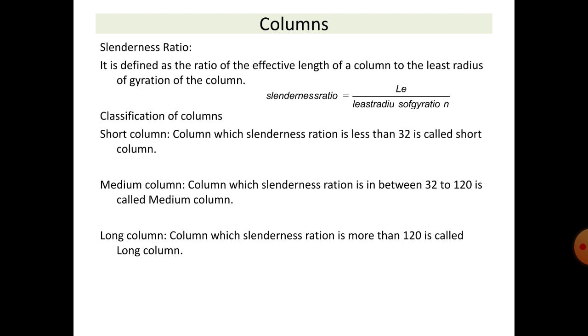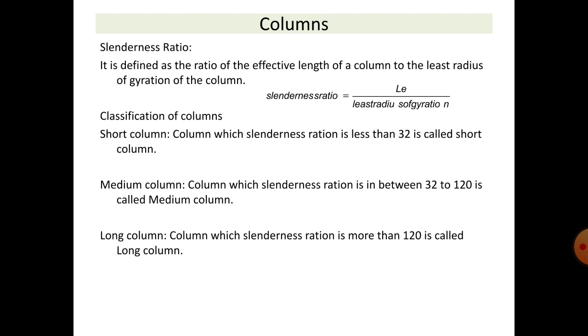Where will this slenderness ratio be helpful? As I said in the first slide, there is a classification of columns: short column, medium column, and long column. So how are you going to differentiate them? How will you find out whether the column is a long column, a short column, or a medium column? With the help of this slenderness ratio, we will be able to differentiate the columns.